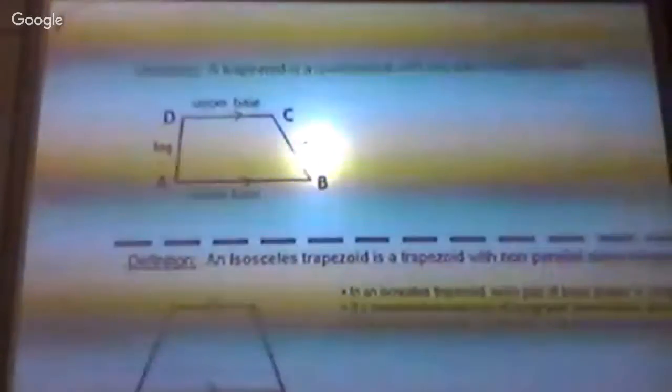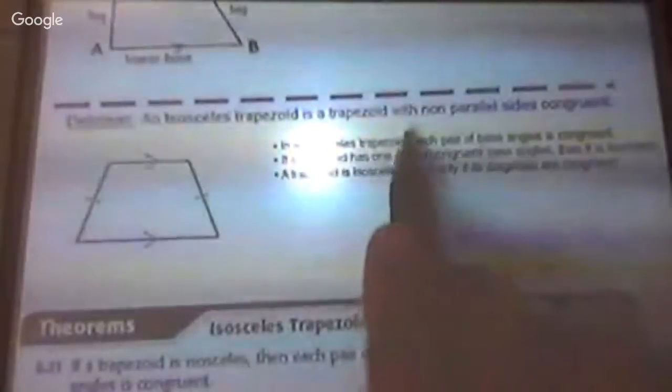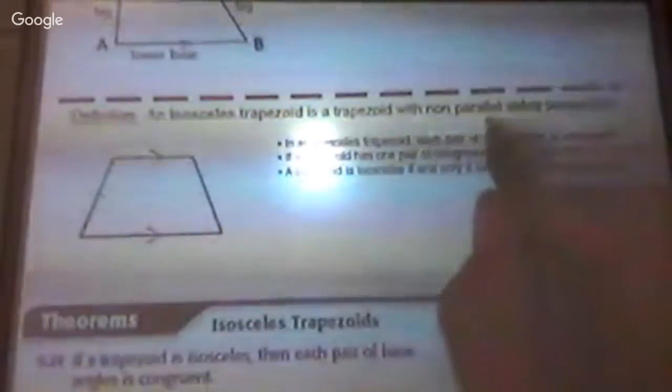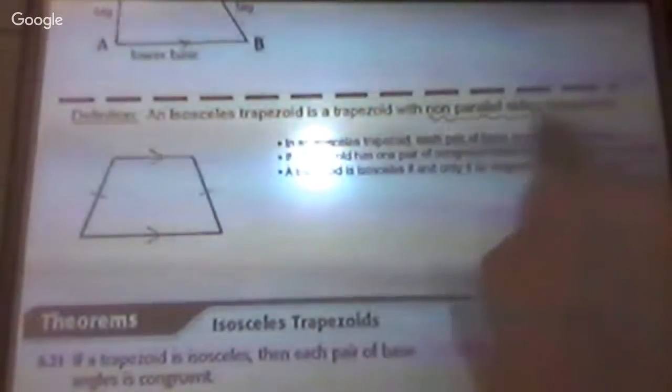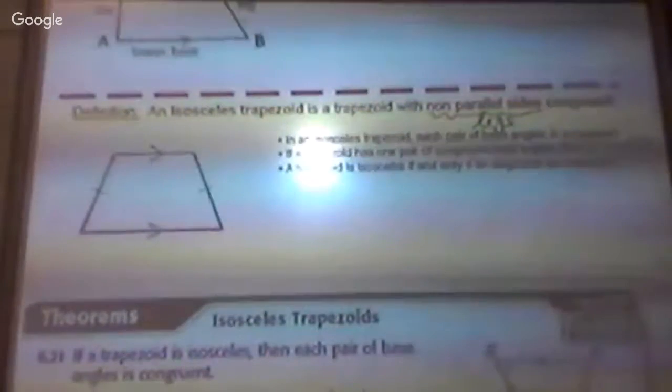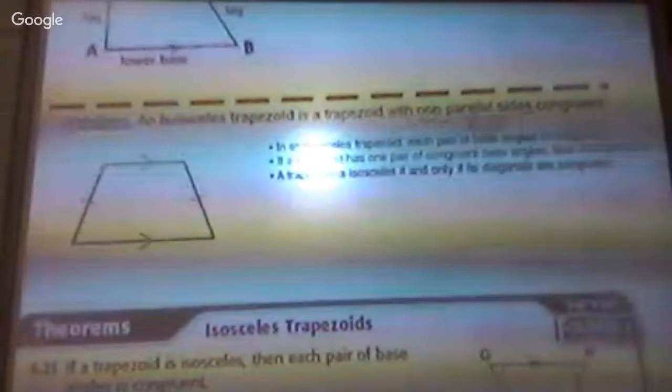Now, an isosceles trapezoid is a trapezoid where the legs, you see it says leg, the legs are equal. So that's the definition here. An isosceles trapezoid is a trapezoid with non-parallel sides congruent. Basically, legs are congruent. The non-parallel sides are called the legs. And so therefore, there's some extra special stuff in an isosceles trapezoid.